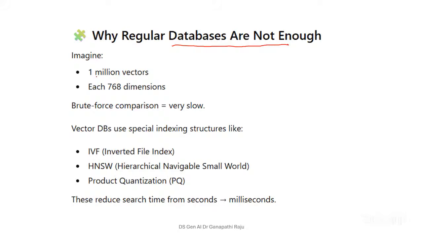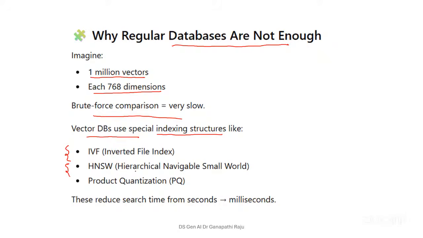Because imagine if I have 1 million vectors, each with 768 dimensions. If I use a normal database, it will become very slow. But every vector store has special indexing structures like the inverted file structure, also called the IVF method.